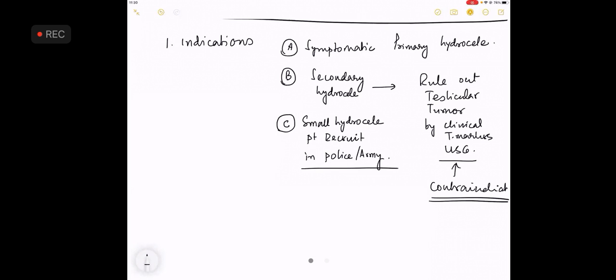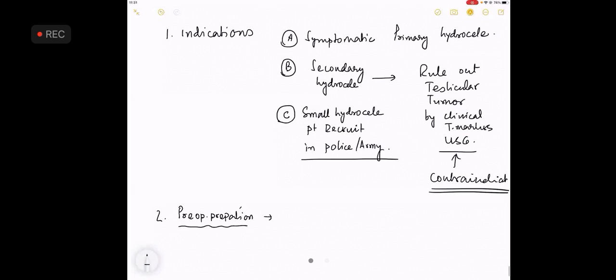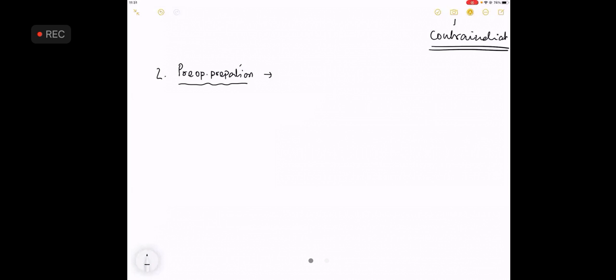If you have completed writing, we go to the next part. What is the pre-operative preparation? In the pre-operative preparation, if you are planning for general anesthesia, then take a fitness for general anesthesia.